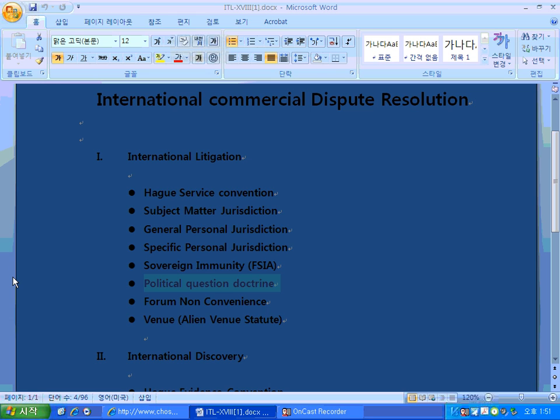So they resist producing the evidence, and it often involves a compulsory measure, the subpoena, which is a compulsory order to produce written materials and documents in the possession of parties located in other countries, foreign countries.